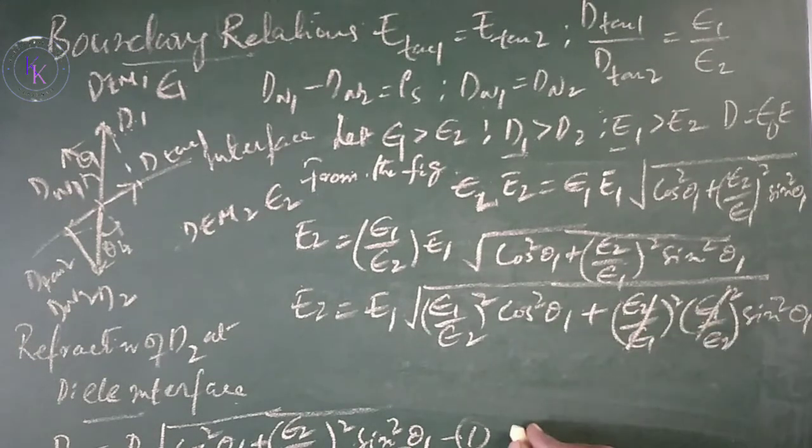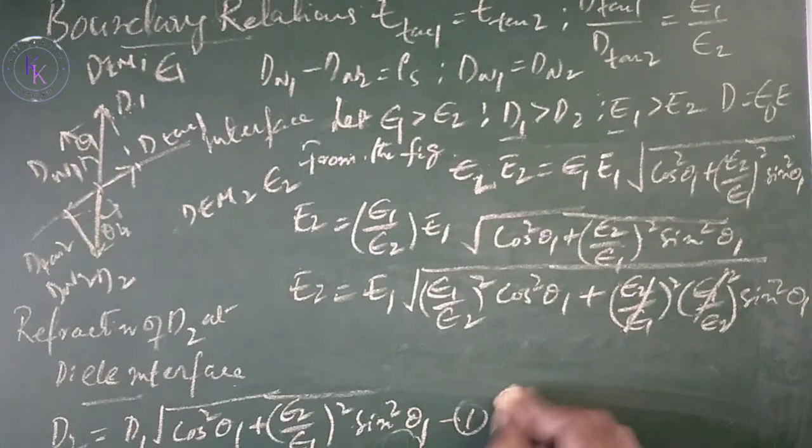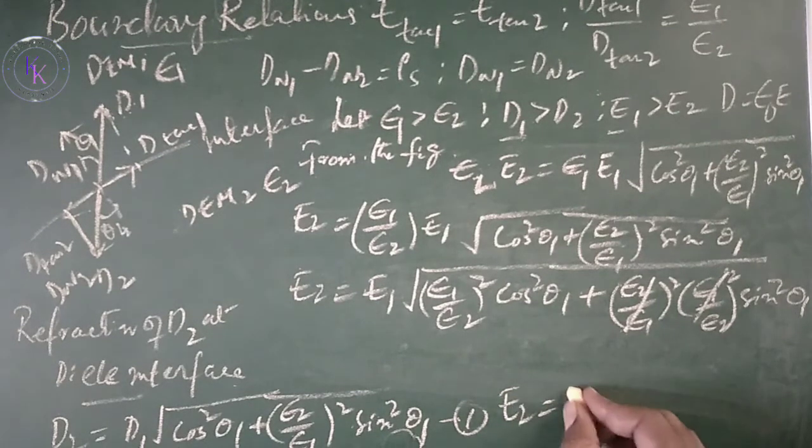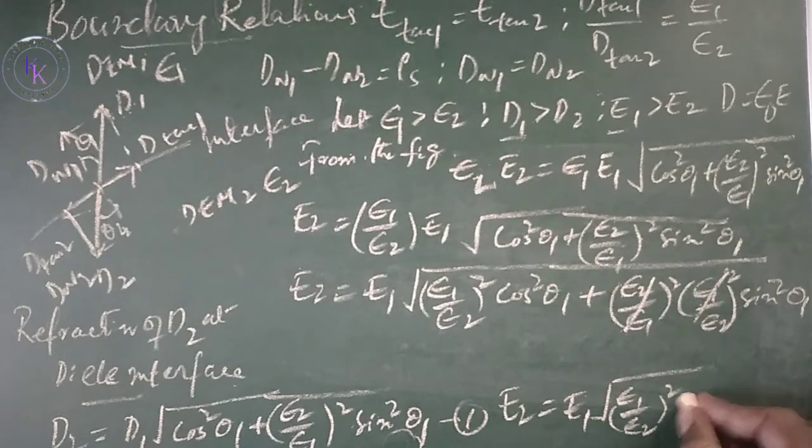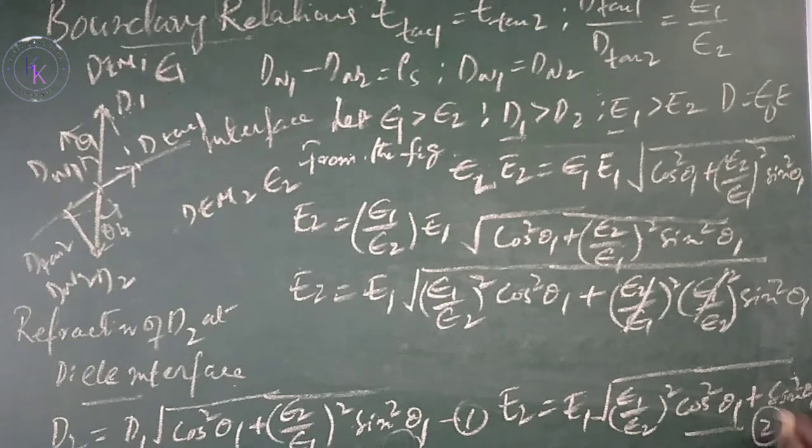These two terms get cancelled. Then E2 equals E1 square root of epsilon 1 divided by epsilon 2 whole square cos square theta 1 plus sin square theta 1. Let this be equation number 2.